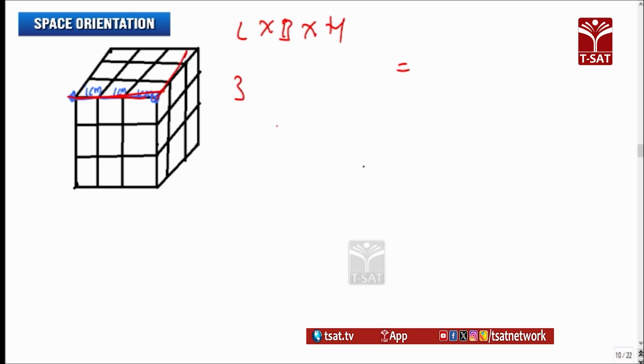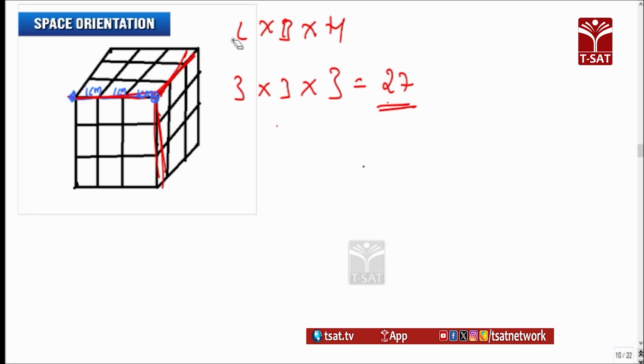In breadth, how many we are having again? 3. In height, how many we are having again? 3. So you just multiply it, 3 into 3 into 3, that is total 27 small cubes are there. So whenever a cube of 3 centimeter size is cut into 1 centimeter, total how many small cubes are possible? 3 into 3 into 3, that is total 27 small cubes are possible.